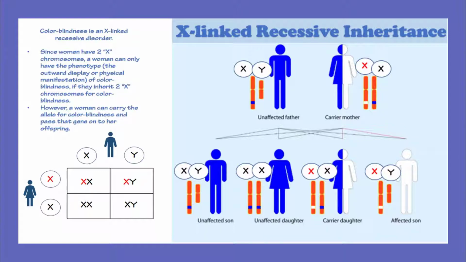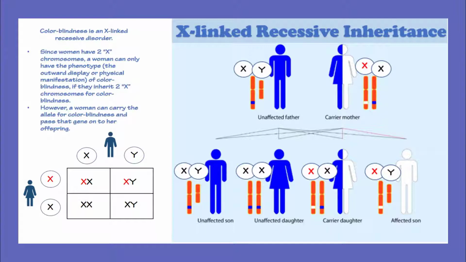Let's say that a normal, non-colorblind man has offspring with a woman that is a carrier of an X chromosome that has a gene for color blindness.